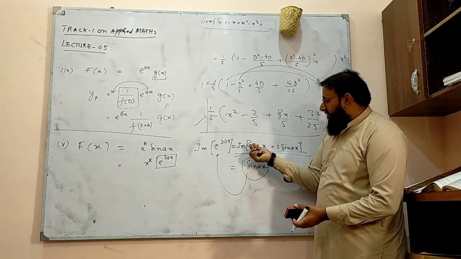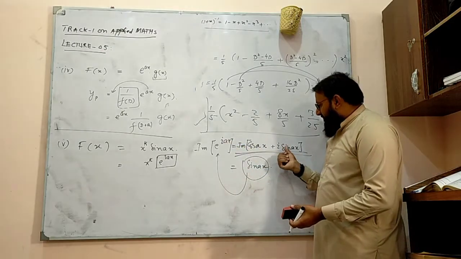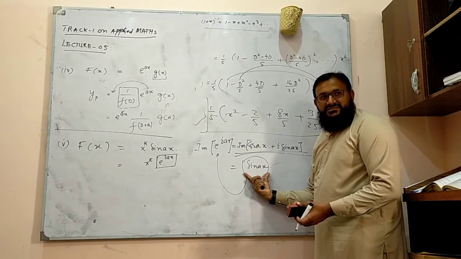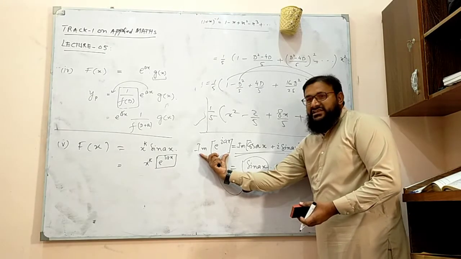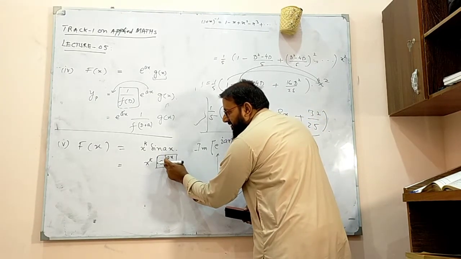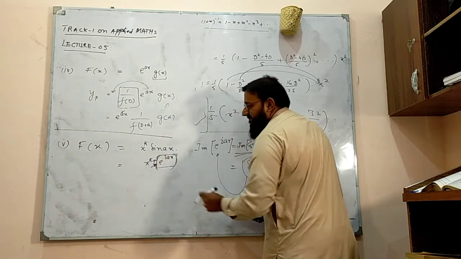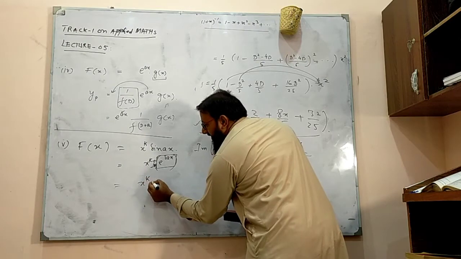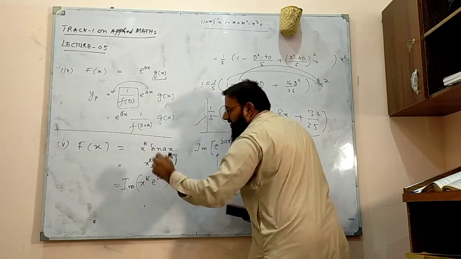So I am writing sin x as the imaginary part of this. Now you only solve this thing: x power k e raised to i ax, and then you take the imaginary part.